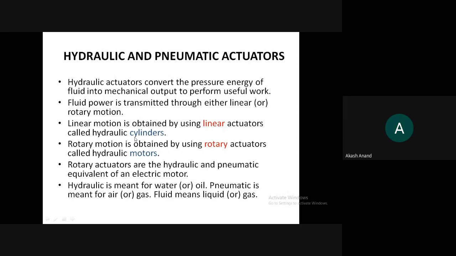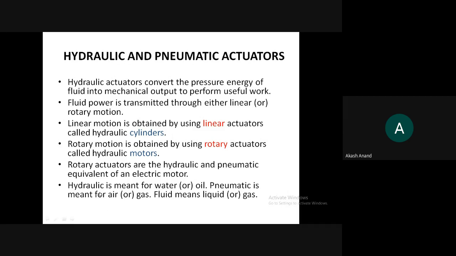And in the case of hydraulic rotary motion, or hydraulic rotary actuators, they are called hydraulic motors. You have to understand that hydraulic cylinders and hydraulic linear actuators are the same, and hydraulic motors and hydraulic rotary actuators are the same. Two different names.